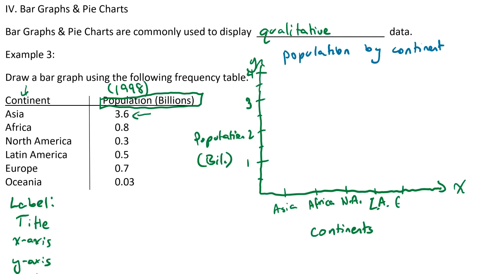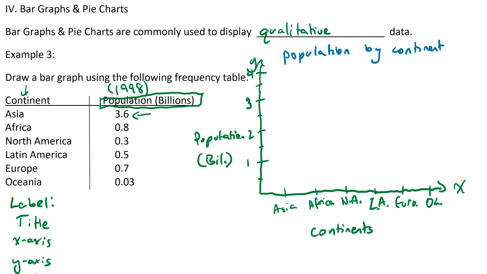Then Europe. And lastly, Oceania. So for each of these continents, we're just going to make a bar go up and touch wherever it is that the number goes up to.